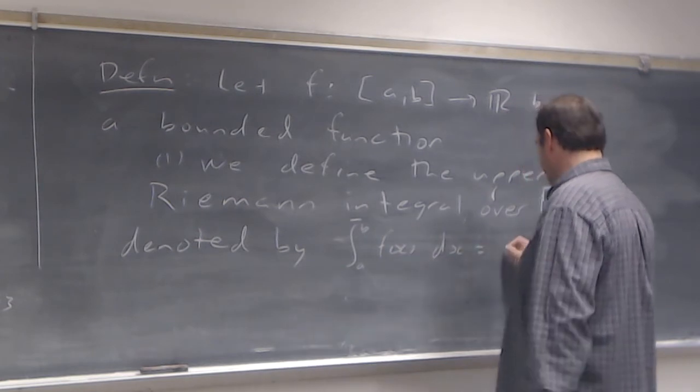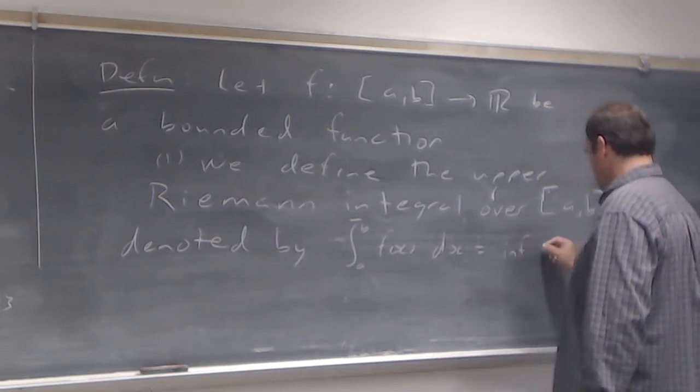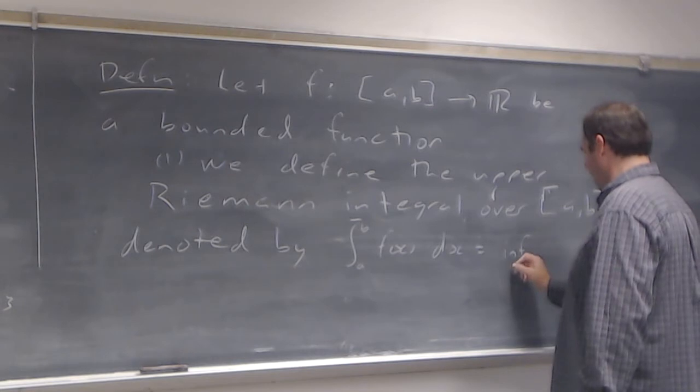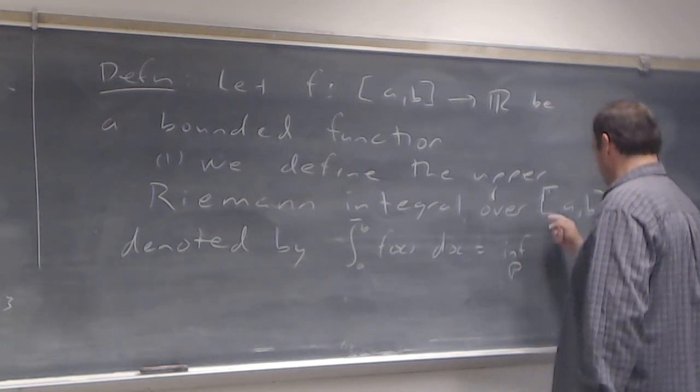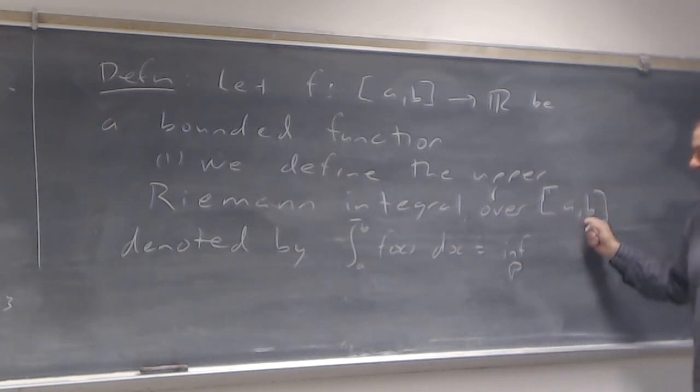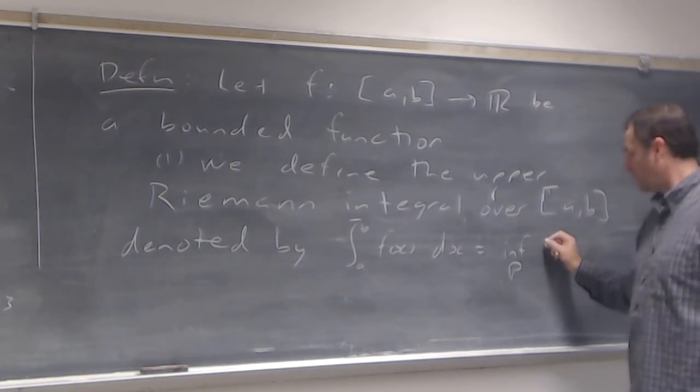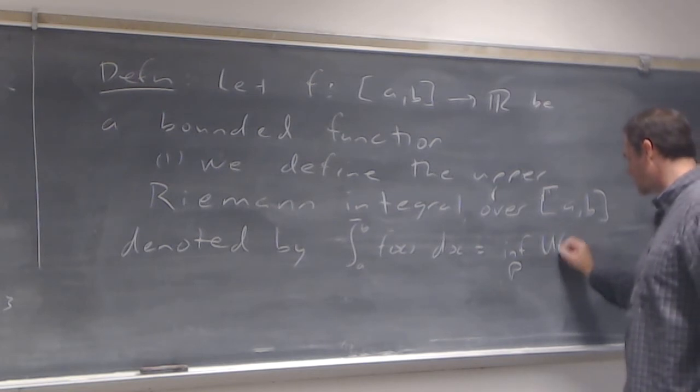It's equal to the infimum over all possible partitions of a to b of the upper sums U of P, f.